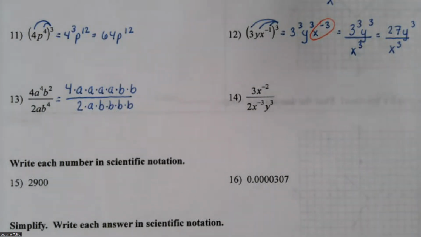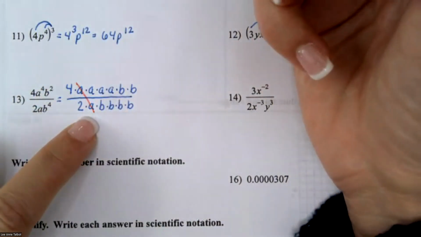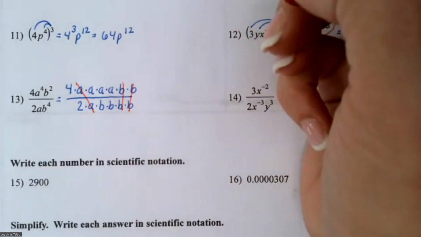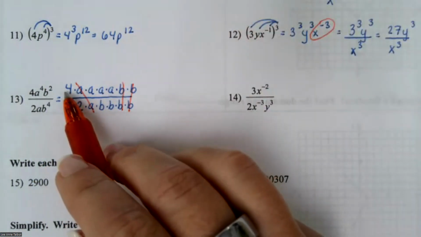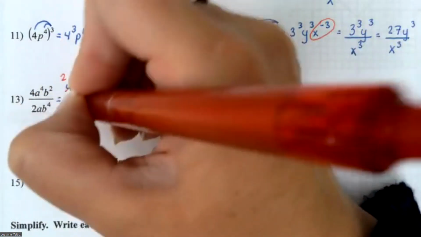Okay, giant one spotting. I see we have one set of A's we can cancel. And we have two sets of B's we can cancel. But also 4 over 2 can be reduced. So divide by 2.